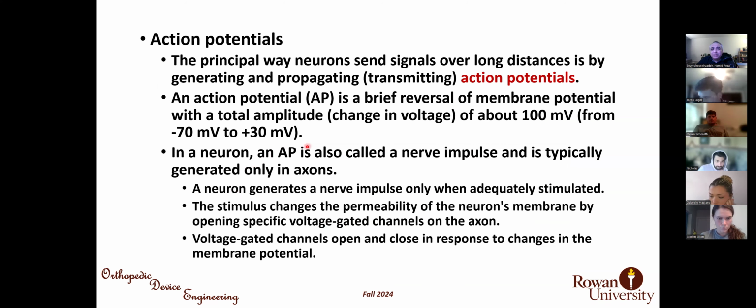When this happens, there is about 100 millivolt change in the potential in the membrane. The potential changes from minus 70 to positive 30. And now outside is negative, inside is positive, and we call it depolarization.